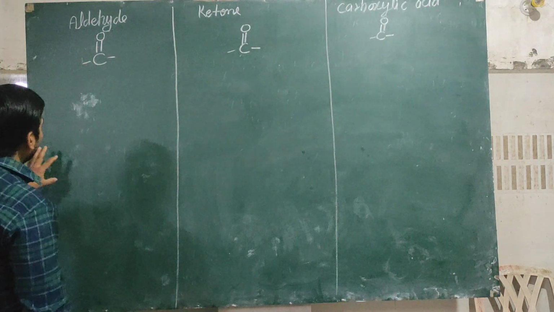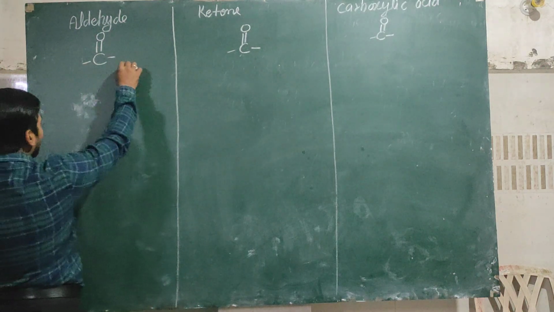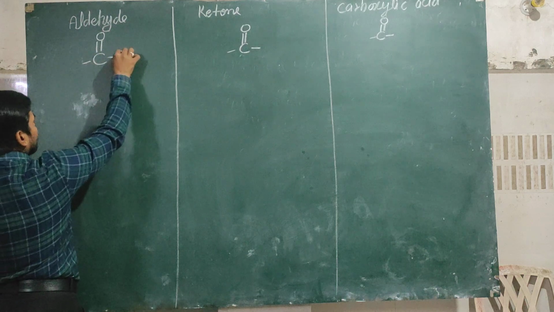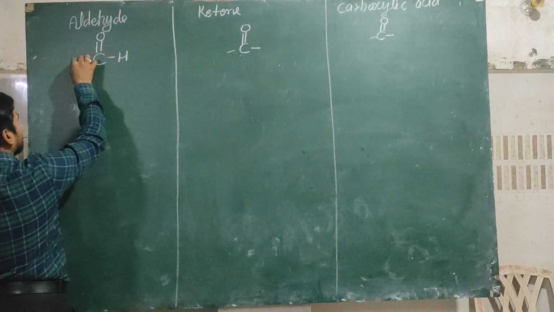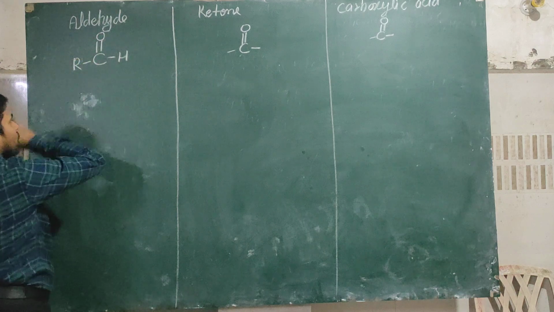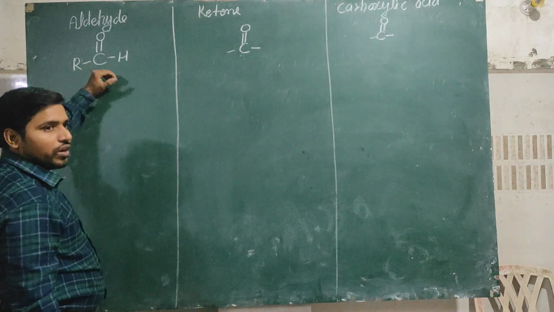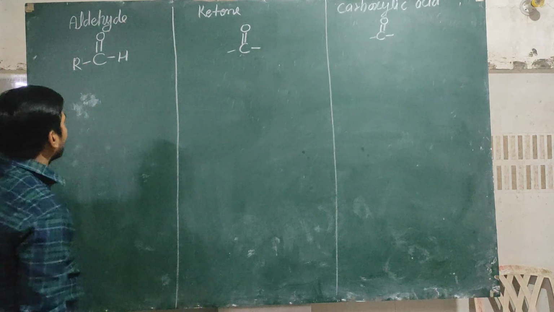Okay, when any carbonyl group is present in between hydrogen as well as alkyl group means carbon, then it is known as aldehyde except formaldehyde.